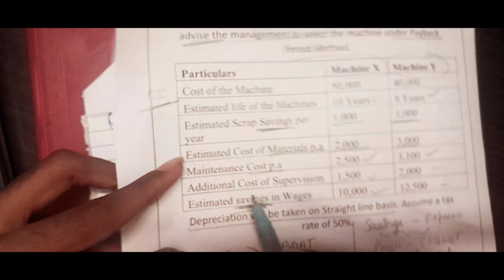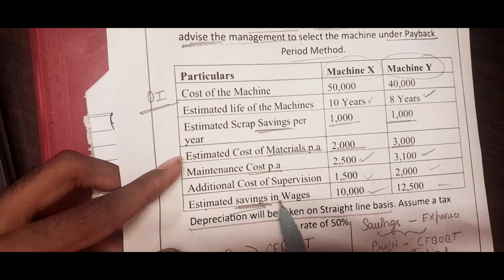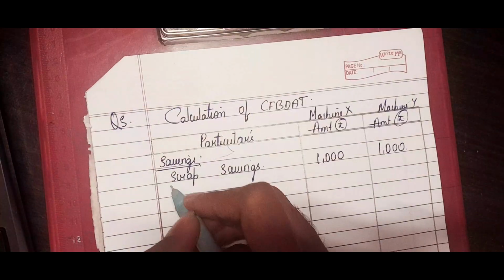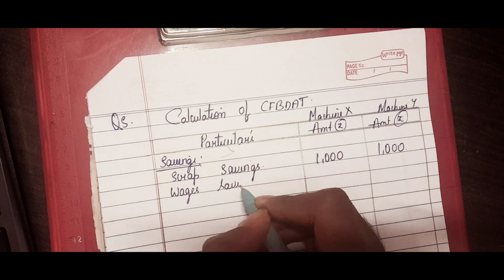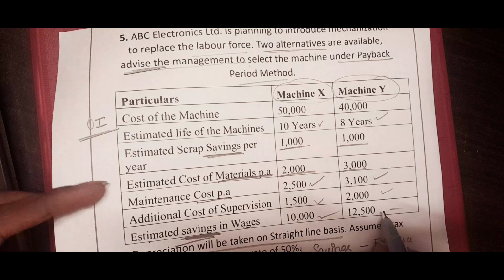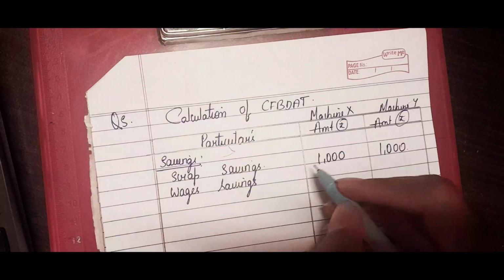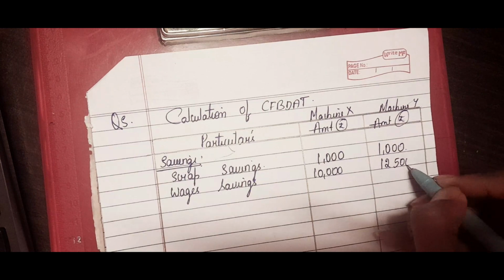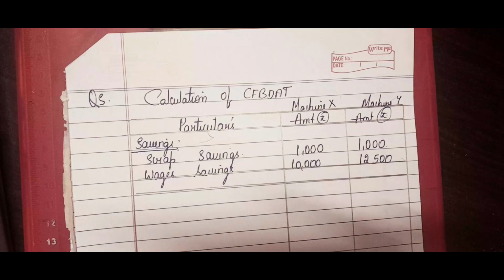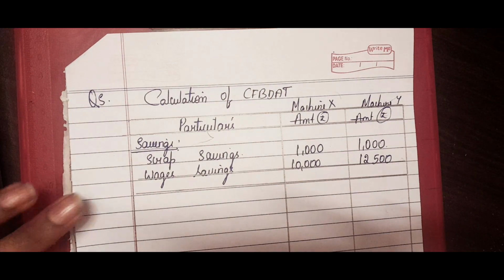Next we have estimated savings in wages, that is also savings. So wages savings: machine X is 10,000, machine Y is 12,500. Now there are no additional savings.